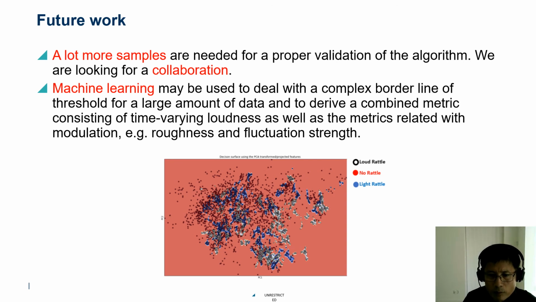On the x-axis was principal component 1, and the y-axis was principal component 2. Then by using a deep neural network, we can distinguish these samples into 3 different categories and mark them with different colors. As we can see, the borderlines are not simple linear functions, but much more complex functions. So in such a complex task, we may need to use machine learning to improve the accuracy of the quantification that we are aiming at.